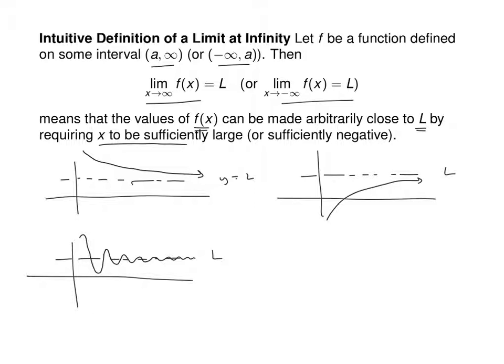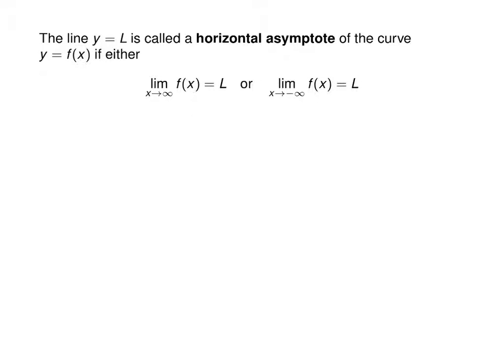And that line, y equals L, is called a horizontal asymptote, right? The definition of a horizontal asymptote is that the limit as x goes to positive infinity is some number, or as x goes to negative infinity is some other number. So to check for horizontal asymptotes, you've got to actually check positive and negative infinity. In the case of rational functions, they end up being the same, but they're not always the same. There are functions that could do something like this.